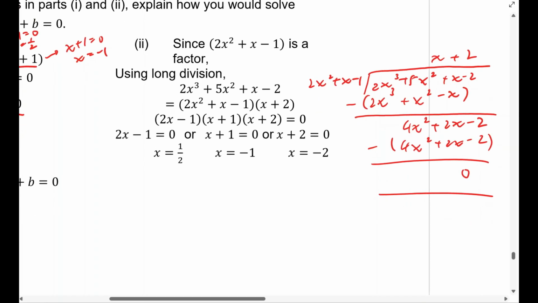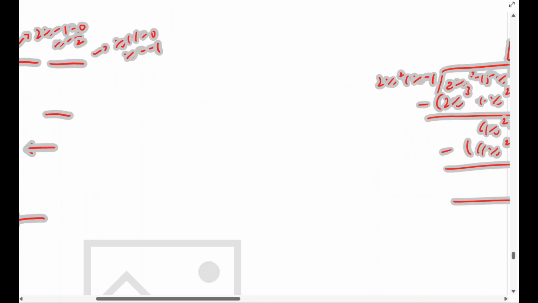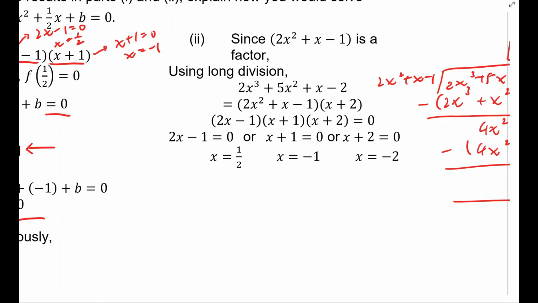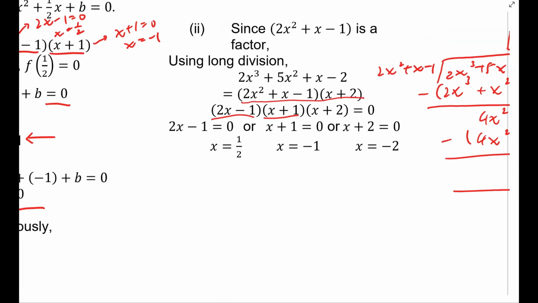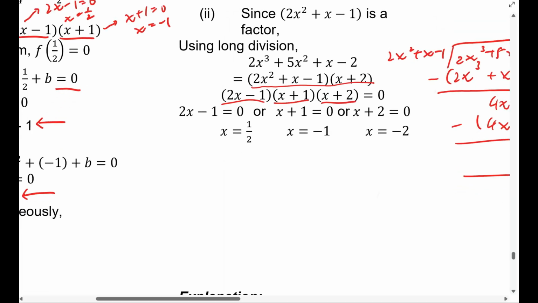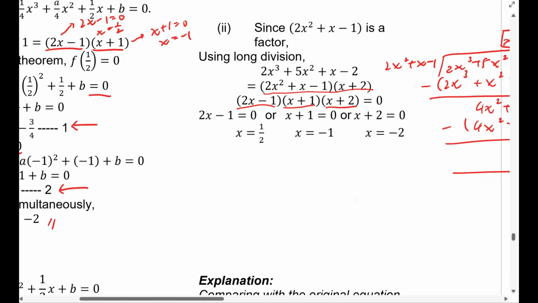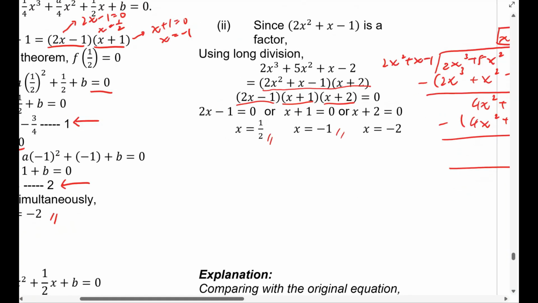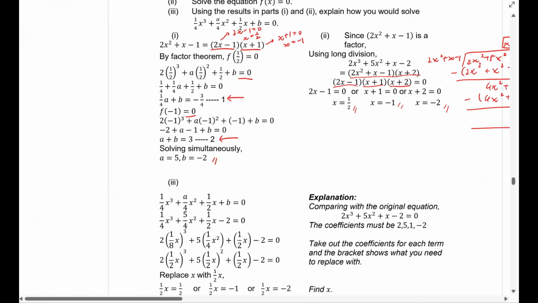And x plus 2 is your linear factor. You will end up with this, which you can further factorize, the quadratic bracket, into these two brackets. So you'll end up with 3 factors. Then let them all equate to 0, so you have these 3 values of x.